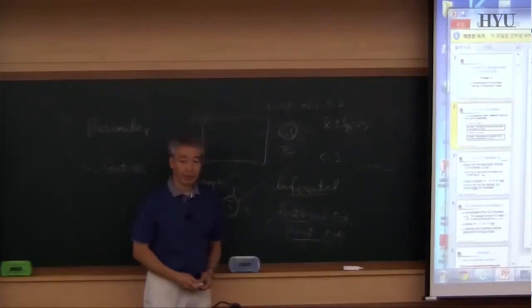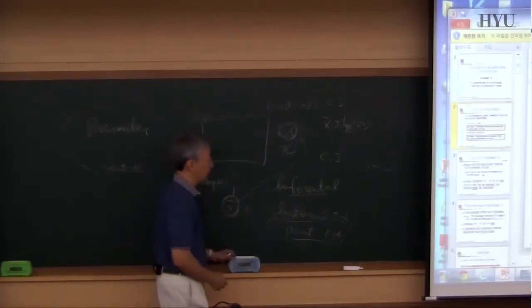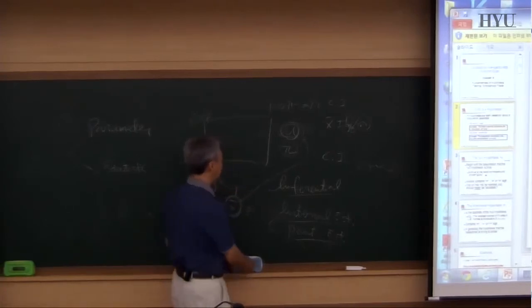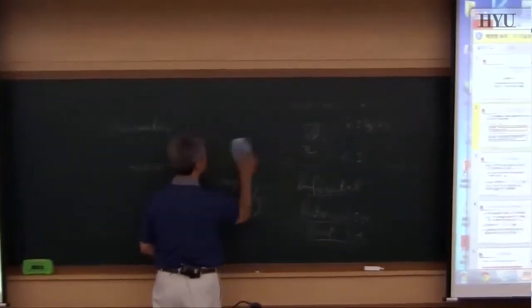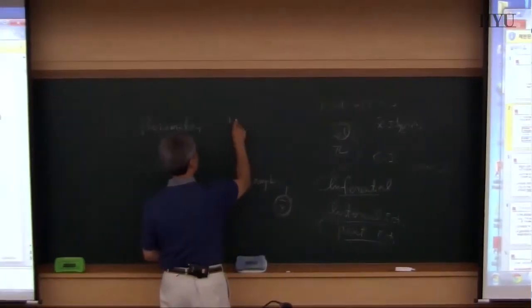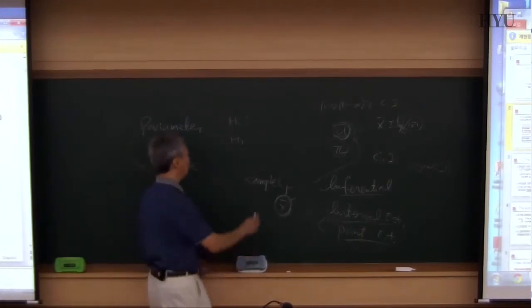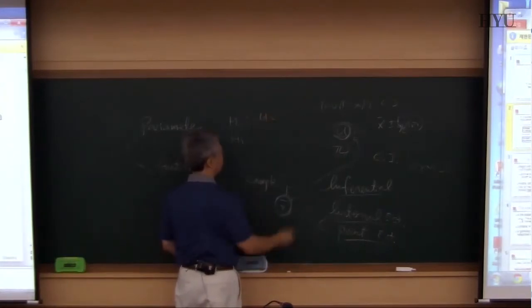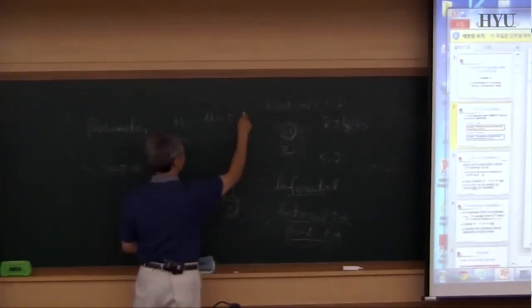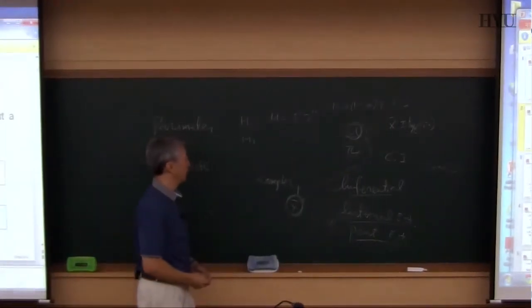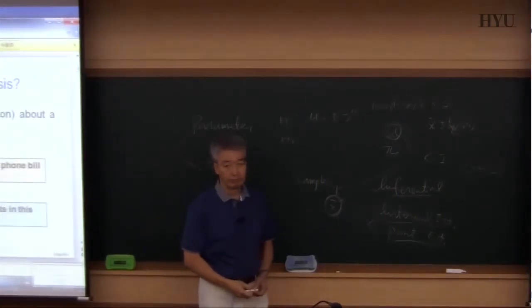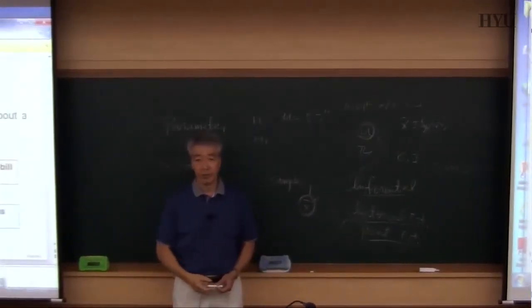is hypothesis testing. In hypothesis testing, we actually try to pinpoint the value of mu. So we set up two hypotheses, null hypothesis versus alternative hypothesis. And the null hypothesis claims mu is, say, 5 foot 7 inches. Let's say the null hypothesis claims that the actual average height of Hanyang University male students is 5 foot 7 inches.